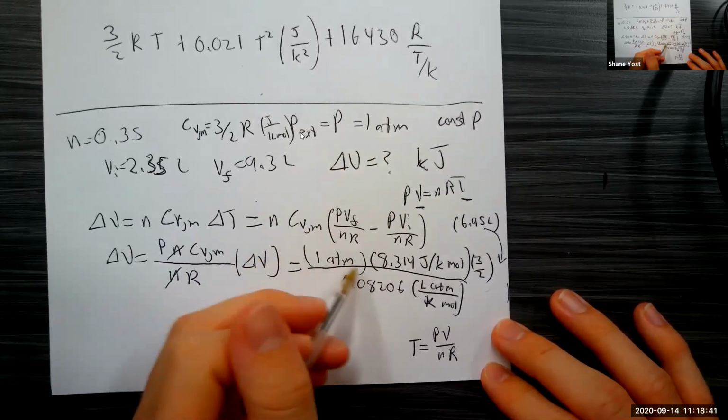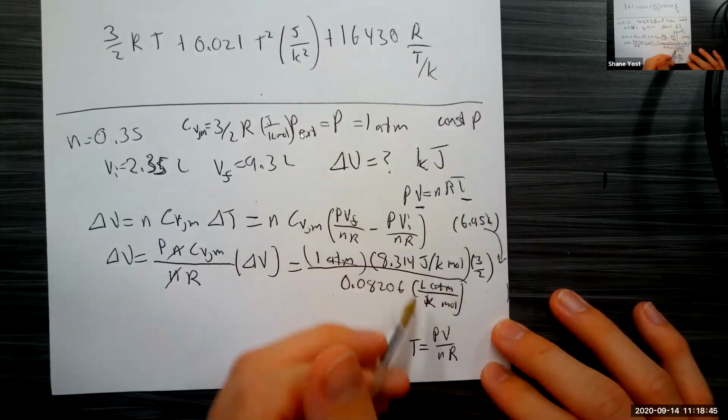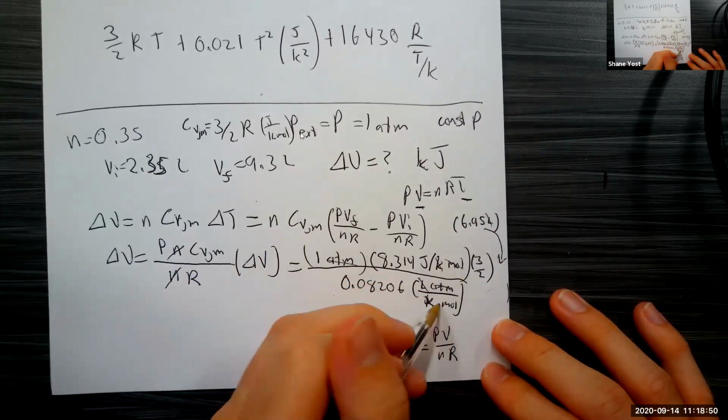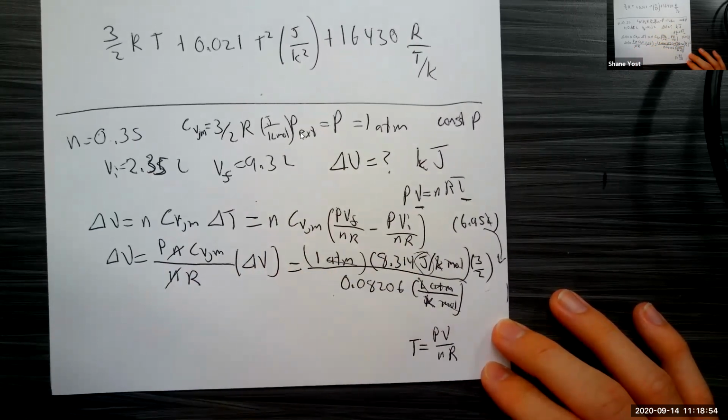But if you look at the units, the atmospheres cancel with the atmospheres, liters cancel with liters, and per Kelvin mole cancels with per Kelvin mole, and what you're left with is joules.